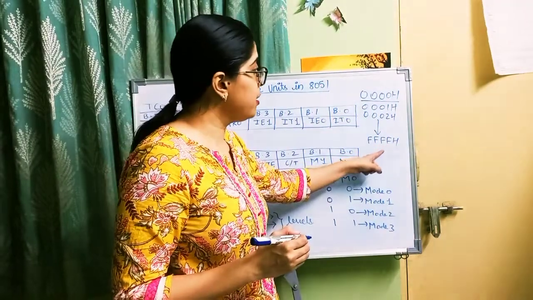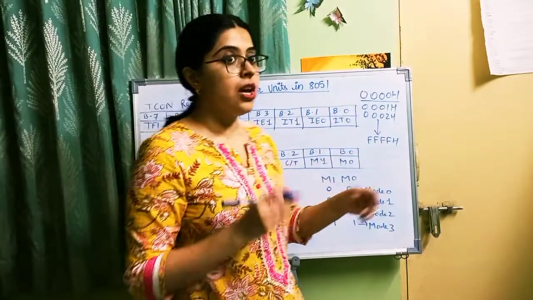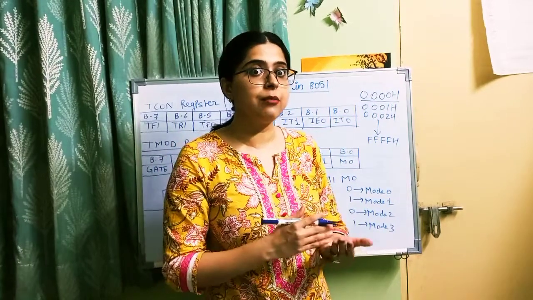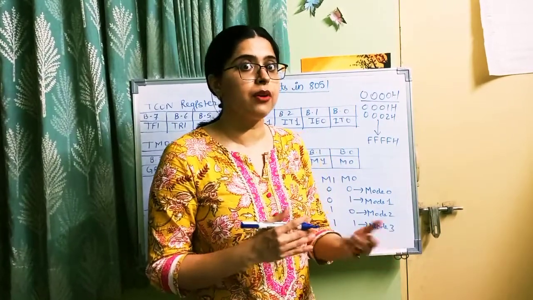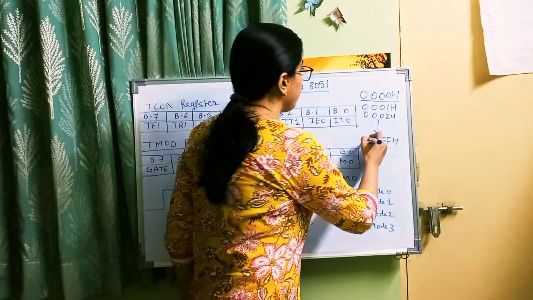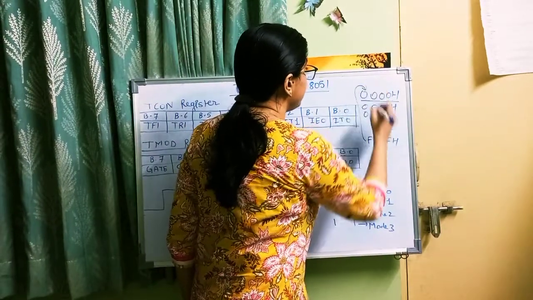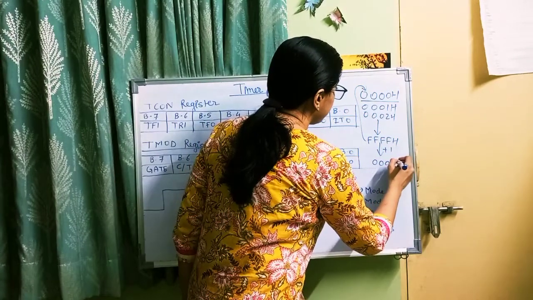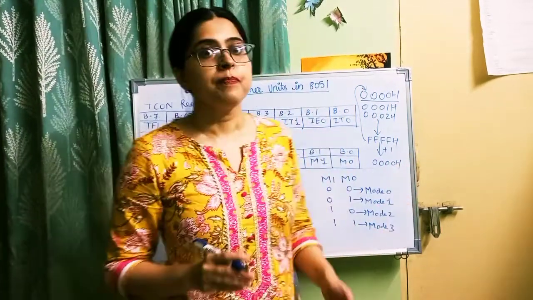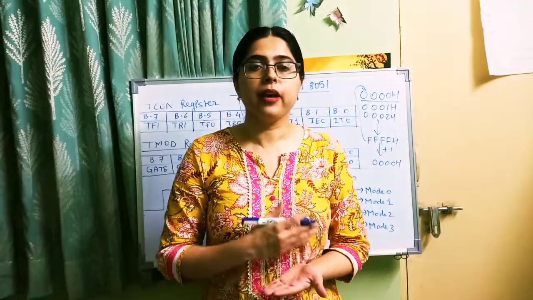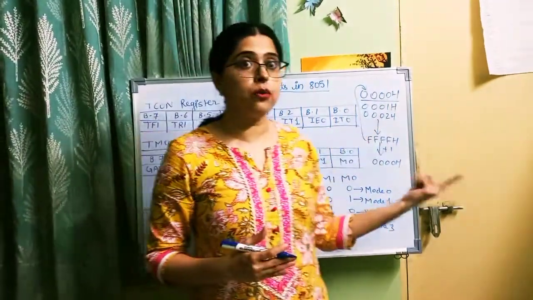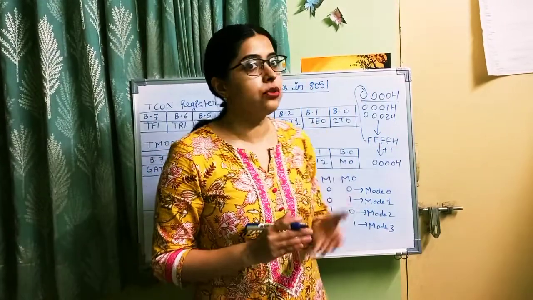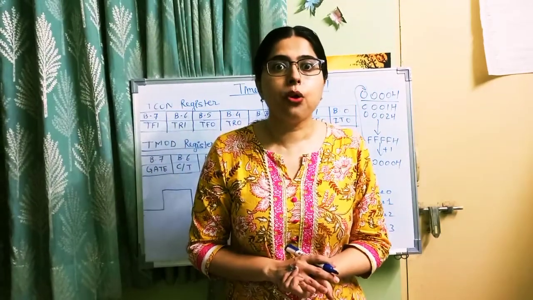When it reaches FFFFH and is again incremented by 1, after reaching the last limit it rolls over from FFFFH to 0000H, meaning it becomes the starting value again. This process of a rollover from FFFFH to 0000H is called an overflow.